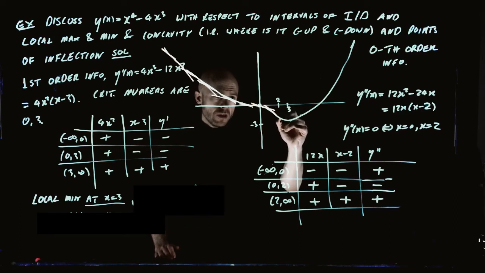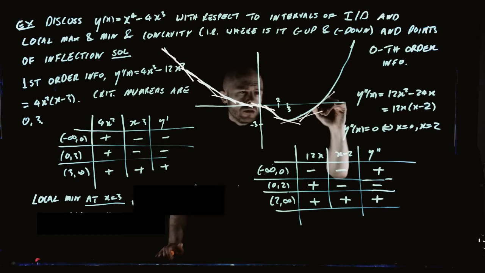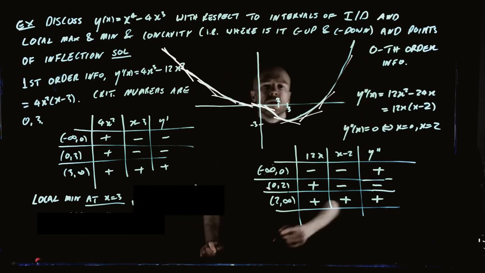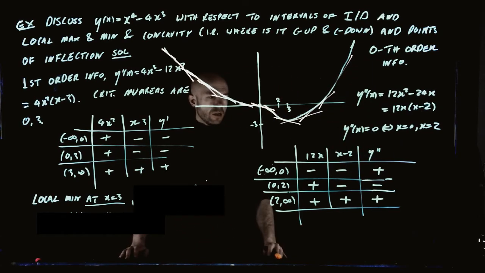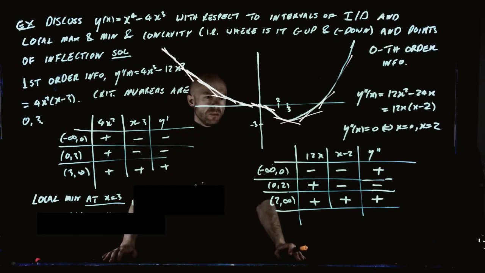And then from 2 onwards, the tangents are underneath it. It all fits together, it's all consistent. The information we've got all makes a consistent picture, and we believe it. We think we've got it right.